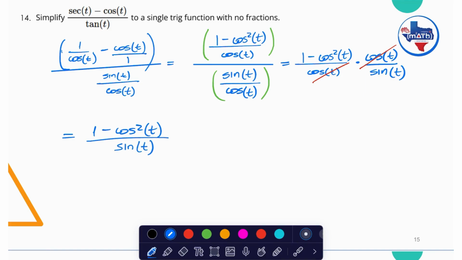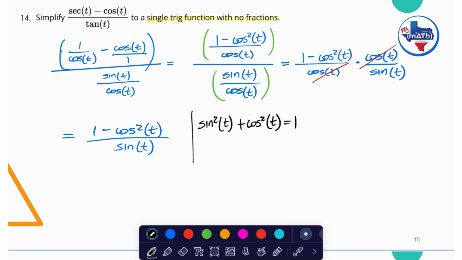So remember, what we are asked is to put it as a single trigonometric function with no fractions. So because we have a cosine square, let's recall this identity. We know that the sine square of t plus the cosine square of t is equal to 1.